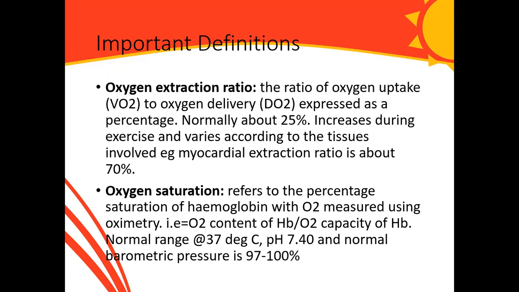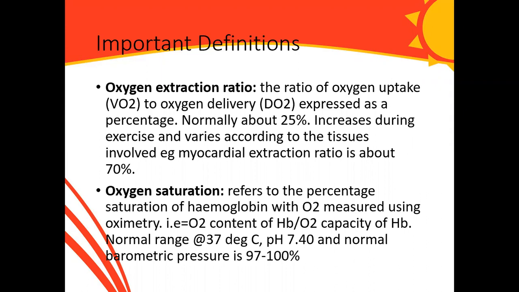Oxygen extraction ratio, for those of you who have worked with me in ICU, I like to talk about oxygen extraction ratio vis-a-vis allowable hemoglobin concentration of critically ill patients. So oxygen extraction ratio refers to the ratio of oxygen uptake to the oxygen delivered, expressed as a percentage. Not all the oxygen that is delivered to tissue is taken up by the tissue.